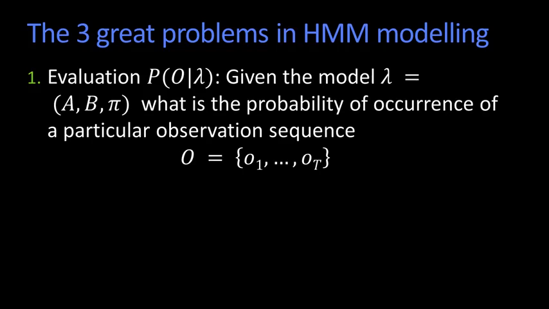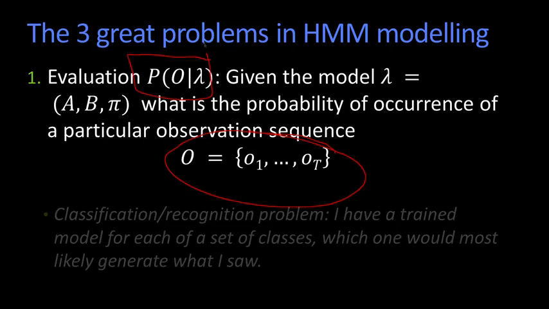The first one is this. Given some observation sequence, O1 through O cap T, the observed outputs from 1 to cap T, you could ask, what is the probability P of O given that machine? That is, what's the likelihood of that machine generating that particular sequence?